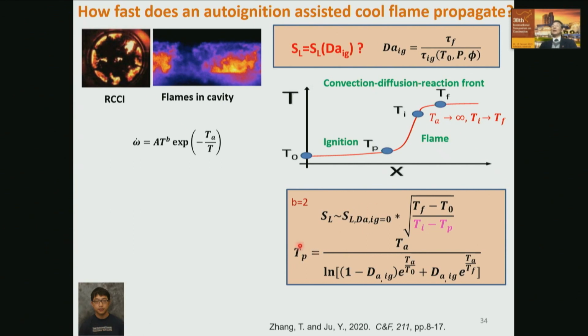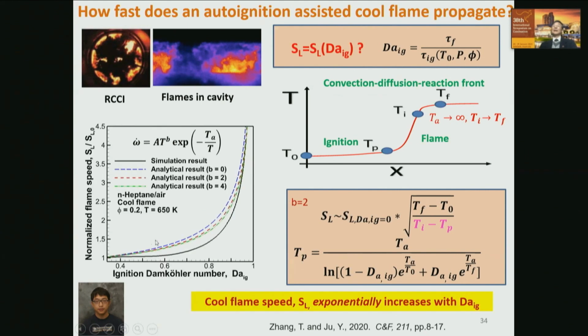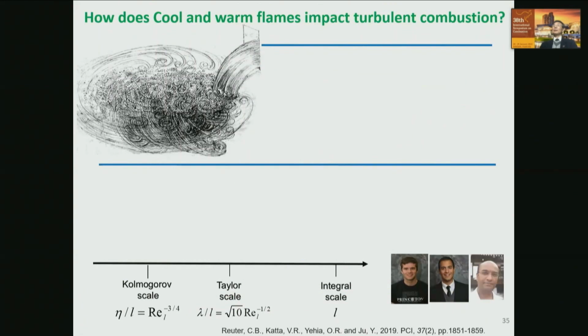And this T_P is dependent on the Damköhler number. By plugging this in, you can predict that the normalized flame speed is now an exponential function of the ignition Damköhler number, and that it is strongly dependent on the chemistry as well. So now we have an equation that can predict the flame speed with the increase of the Damköhler number. So what about turbulent combustion?